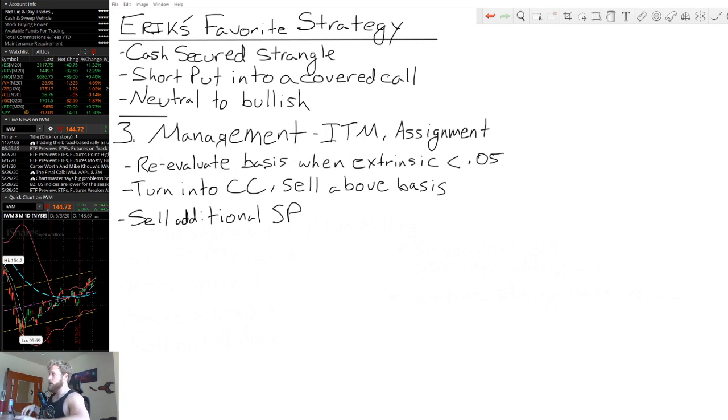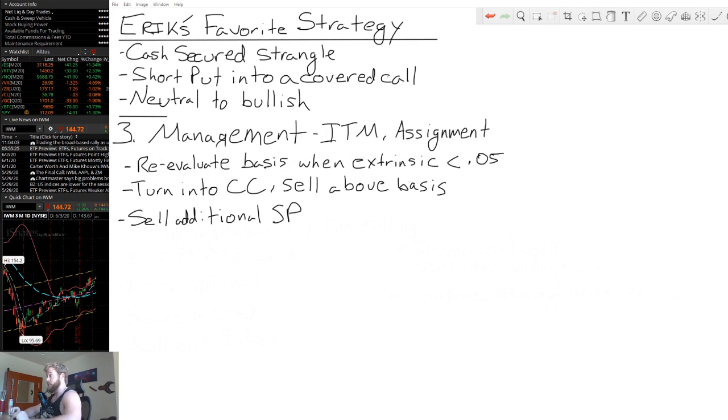What this does is it allows me to scale into the trade, still collect a premium, and then if I'm assigned again, if I choose to allow assignment again, then and only then, my cost basis will reduce as my size increases. So if we sold that 5 lot, and then now we're long 500 shares, and then if we sell a 3 lot cheaper, well, now we're going to be long 800 shares, but at a lower price. So that's why I like to sell the additional put.